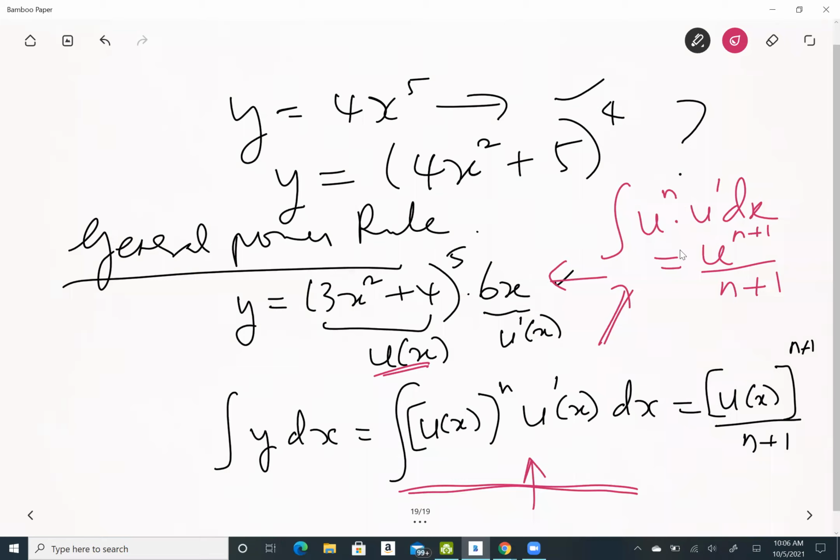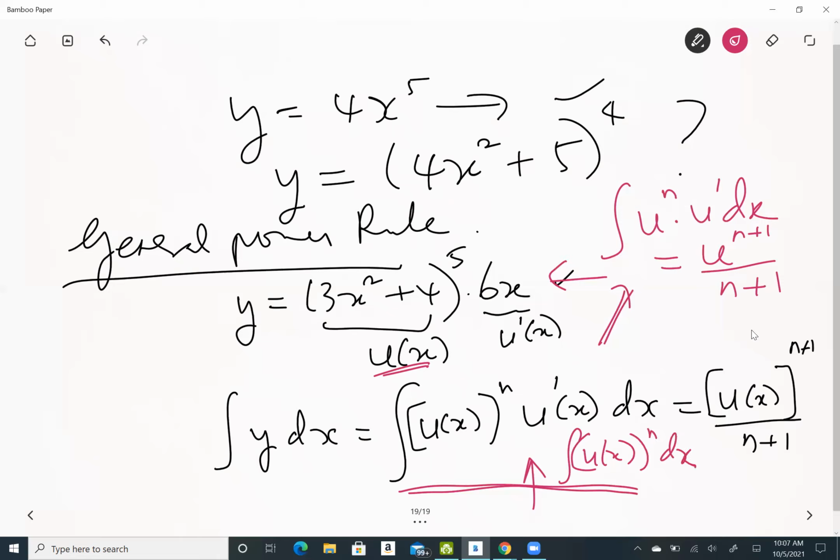Right. So you have the form like this. You have to have the form u to the power of n multiplied by u prime. Then the integral will be u to the power of n plus 1 divided by n plus 1. Okay. So you cannot only have, let's say you have a function in this form, where the u prime is missing. So let's say you only have the integral of u to the power of n dx.